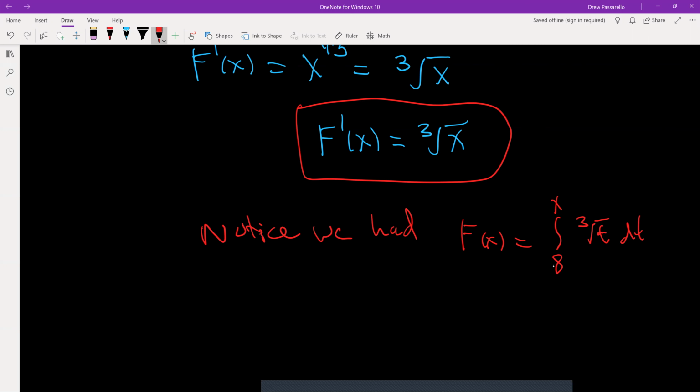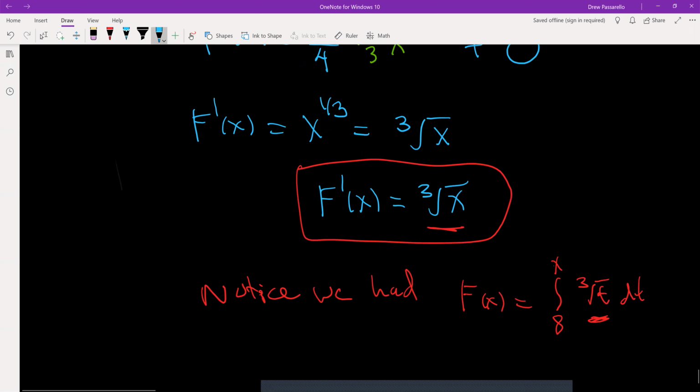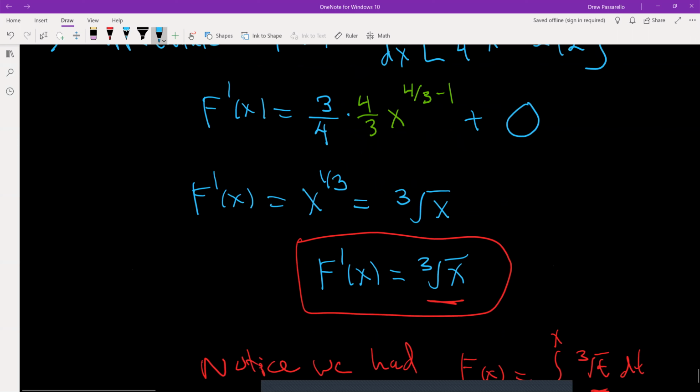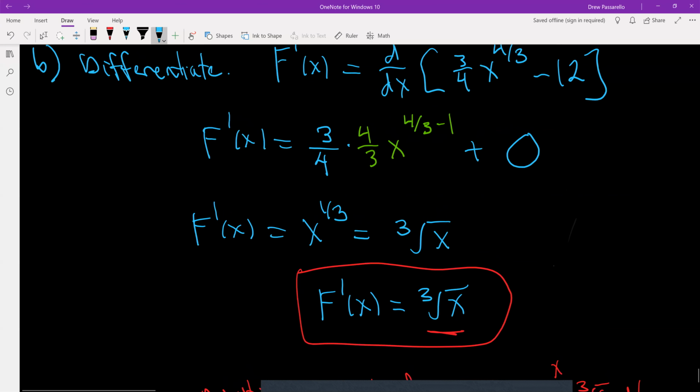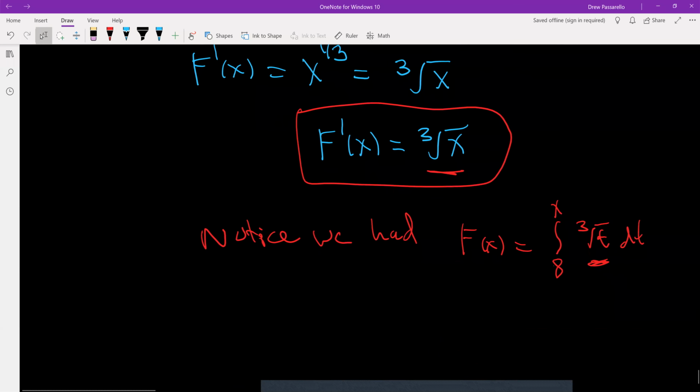So our function inside of the integral is the same as that. It just has a variable change. So at least with this, you know if you did it correctly, when you integrate and then take a derivative, you get back the function that was inside the integral sign.